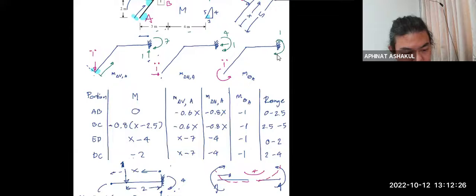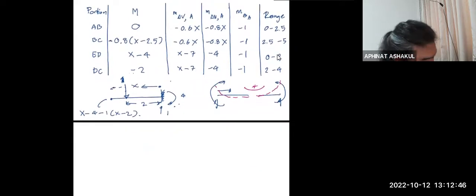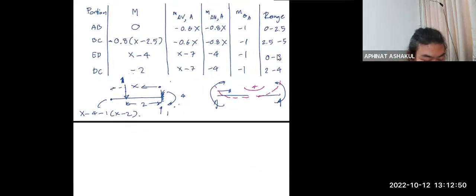I think most of the time we would spend dealing with writing the moment equation. After this, you just assemble them into the integral and let the calculator do the dirty work for you. I don't know if I could write everything before our time runs out. So let's begin.